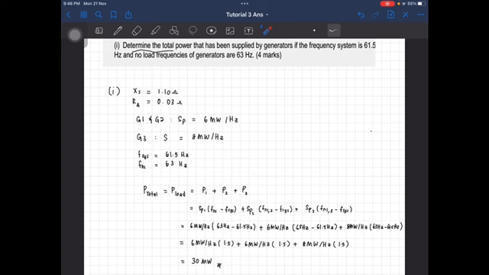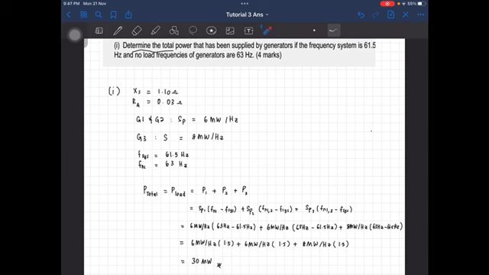Okay, the given from the question is generator 1 and generator 2 have the same slope, which is equal to 6 megawatt per hertz. Generator 3 is equal to 8 megawatt per hertz, and system frequency 61.5 hertz and no load frequency equal to 63 hertz.